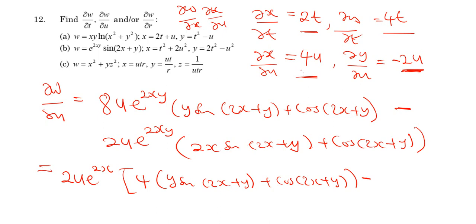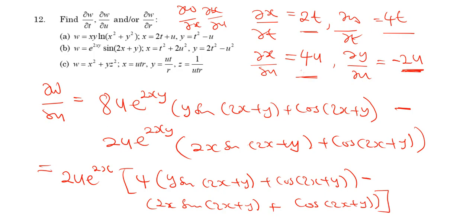What am I going to remain with? I remain with the 2x sine 2x plus y, plus cos 2x plus y, and I close that. So this is what I have.